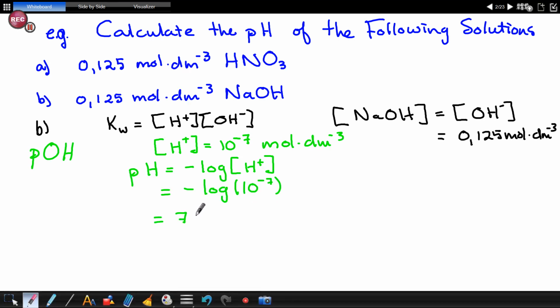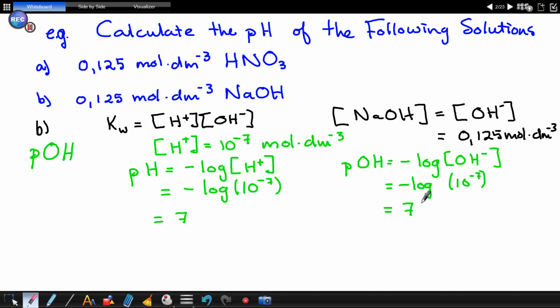Now pOH is the ability to form hydroxide ions. In water, what is the pOH? It would be negative log of the concentration of the hydroxide ions. So it is negative log of 10 to the negative 7 in water, and that would be 7.